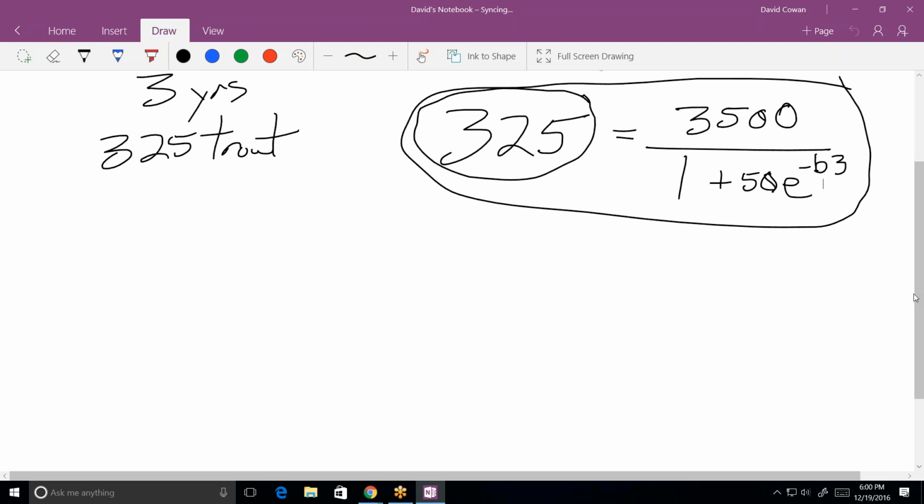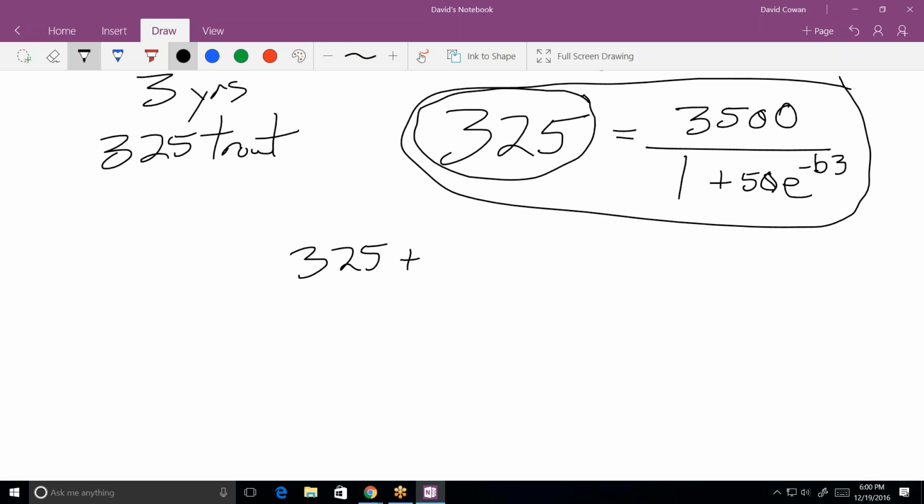How do I solve that equation? Multiply both sides by that denominator, 1 plus 50e to the negative, okay? And that gives me, on the left side, 325 plus, what is 50 times 325?